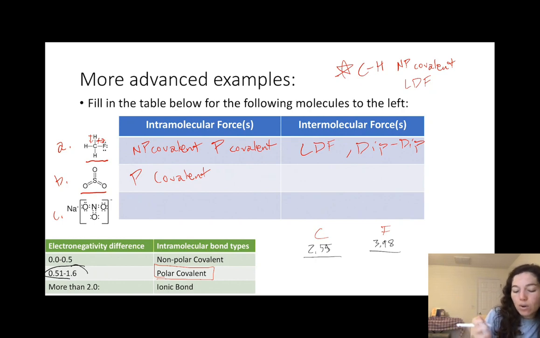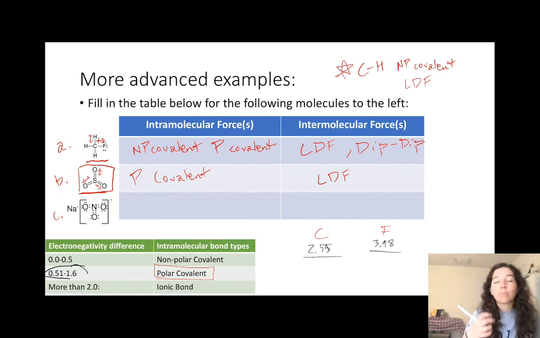However, we need to take a closer look at this molecule. It is symmetrical. Its dipole moment arrows all cancel out, meaning that it would have dipole-dipole if it was not symmetrical, but because it is symmetrical, it only exhibits London dispersion forces. That's it. Because they all cancel each other out.